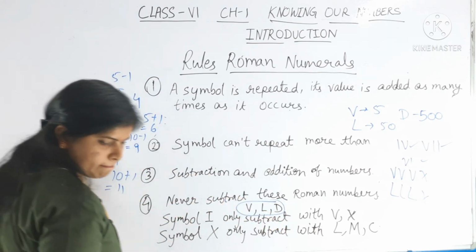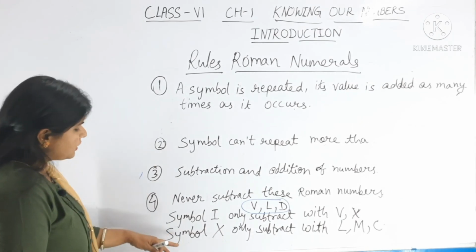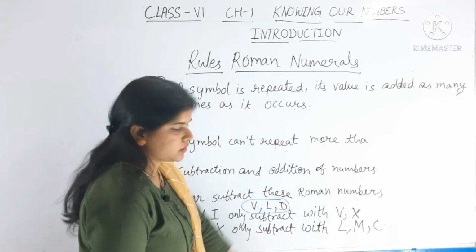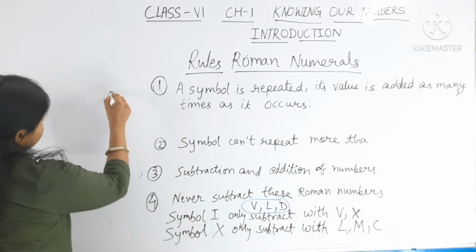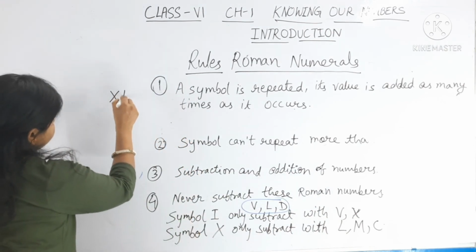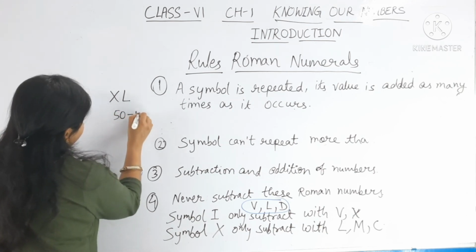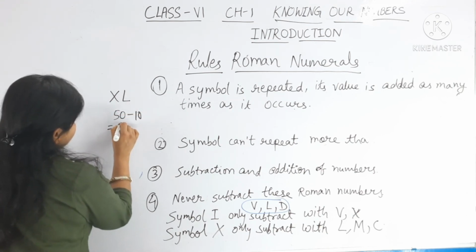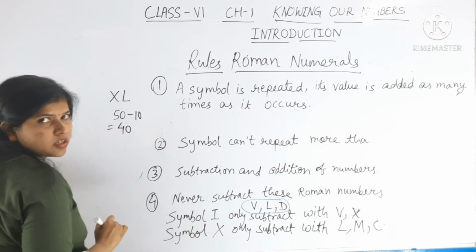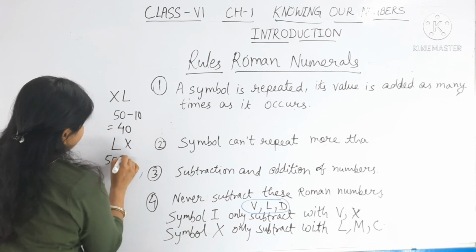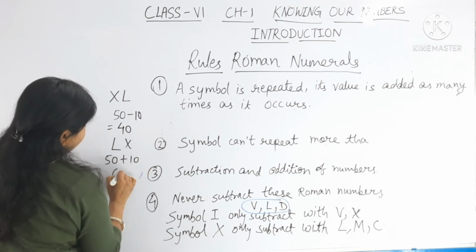And lastly, we use symbol X for subtraction only with L, M and C. You can write XL, so 50 minus 10 means it is 40, right? And you can write like this, that is 50 plus 10, this is for 60.